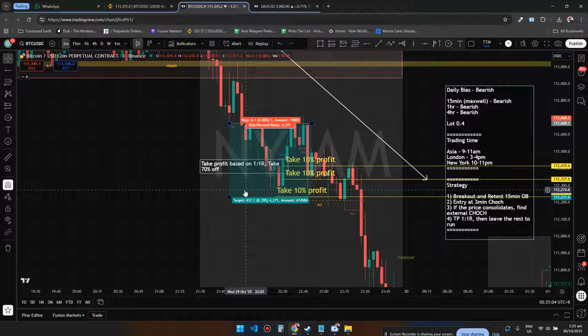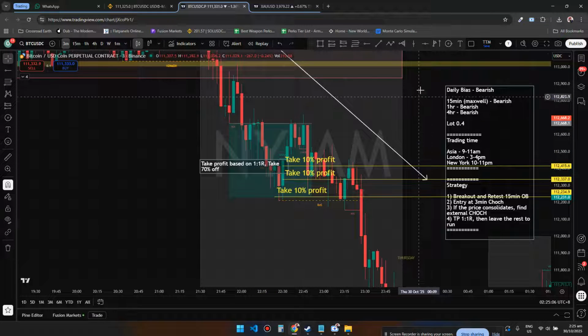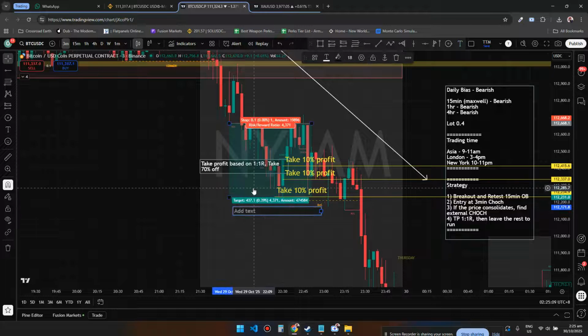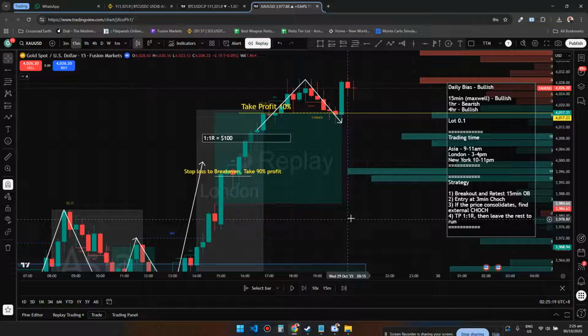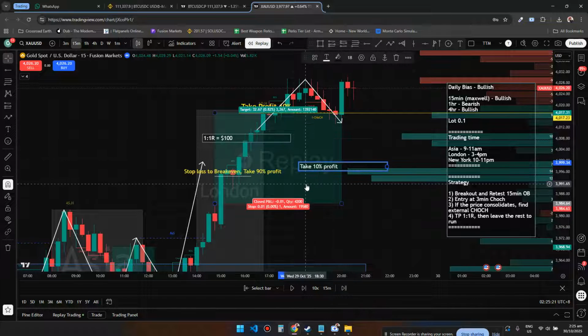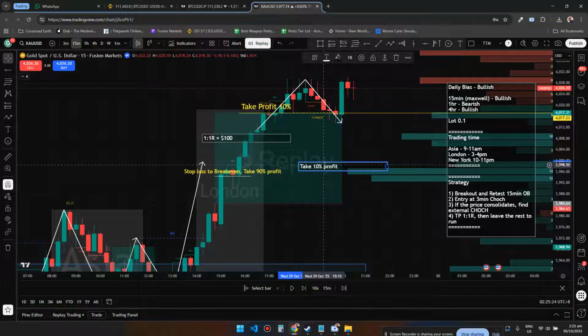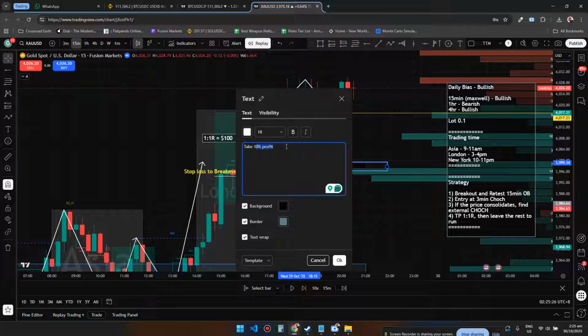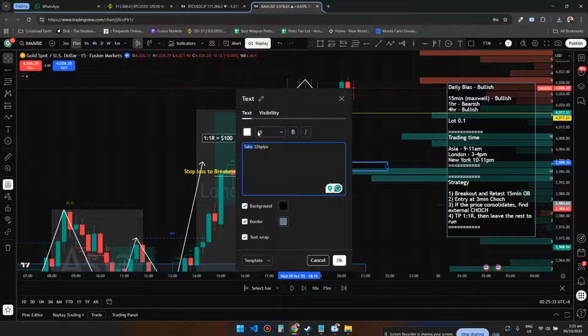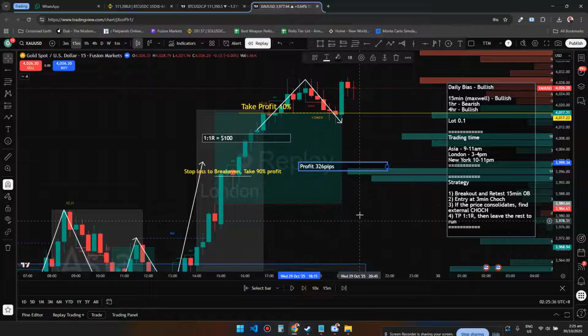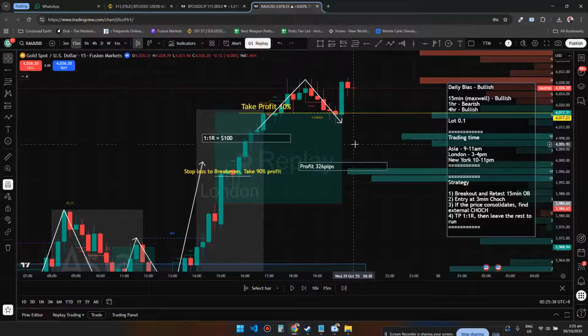This is gold. No, this is Bitcoin. So Bitcoin, I think profit like 0.39%. And then for gold, profit of 3 to 6 pips.